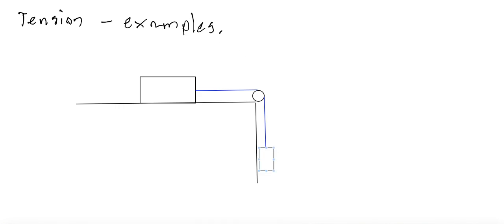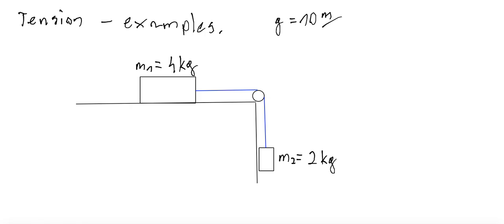Object 1 has mass m1, let's say 4 kilograms. This is m2, let's say 2 kilograms. You can use g as 10 meters per second squared. You don't need to use 9.81.